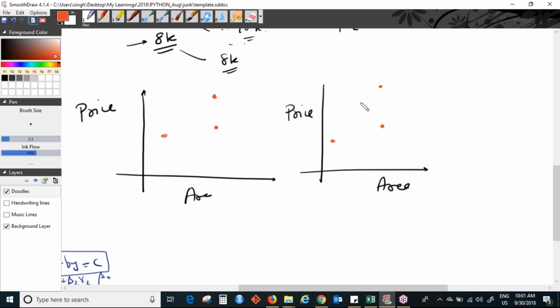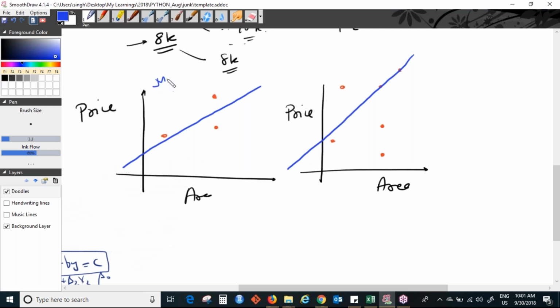I have the same 3 points here, but I have some additional points also. And this is the model that I have drawn. Okay, this is my model here. And similarly, this is my model here.